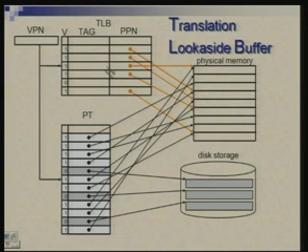Look upon this as a 2 column table. Given a virtual page number, we compare it with all entries in the first field. This what I am calling the tag here is nothing but a VPN, virtual page number.